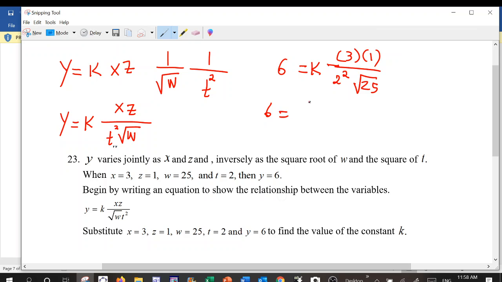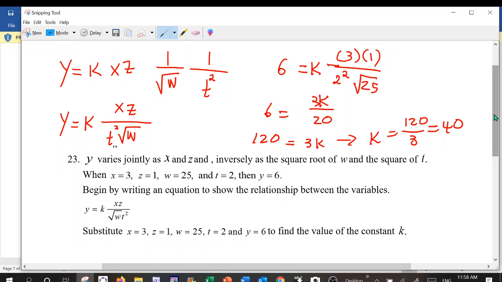So that is 3, and put the k here too, because 3 times k goes in the numerator. And that's 4 times 5 is 20. So 3k equals 120, right? So k is 120 divided by 3, which is 40.